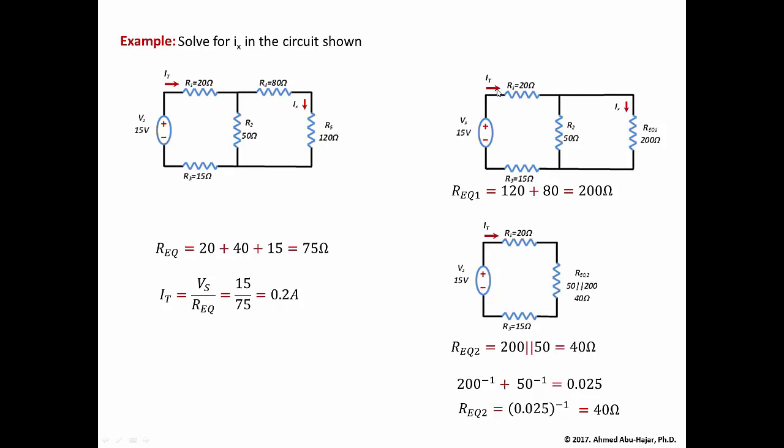But that's not what I'm after. I'm after Ix. So I need to solve for this current, Ix. And to solve for this current Ix, I can use the concept of current divider.